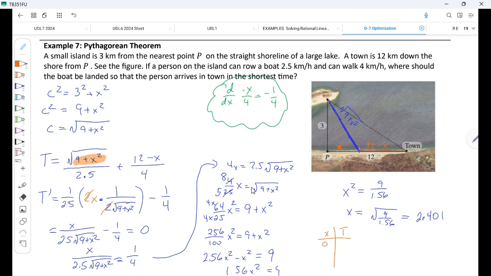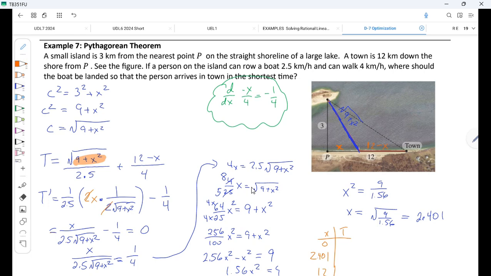That would be what x is 0 would be. What's the other extreme case? What would x be? Boat straight to town. What's the x value for boat straight to town? 12. Yep. Because that makes that bottom red line 0, which means you're boating straight to town and then going 0 kilometers to town. And our number is 2.401.